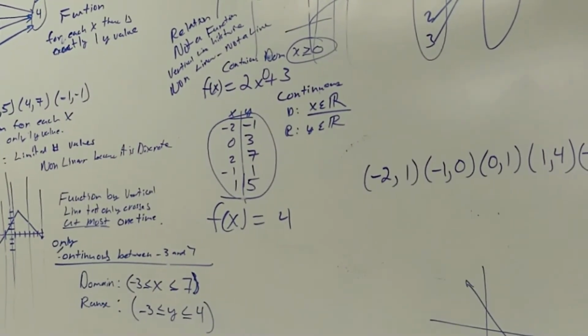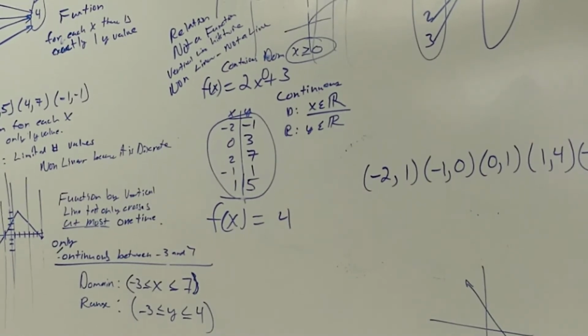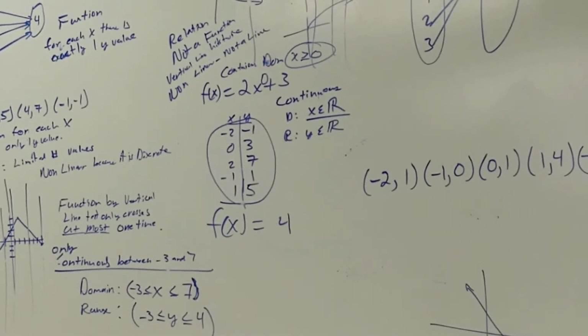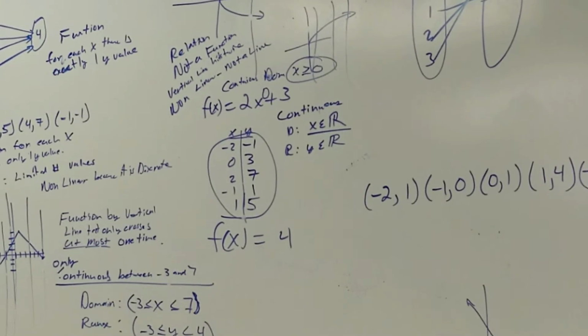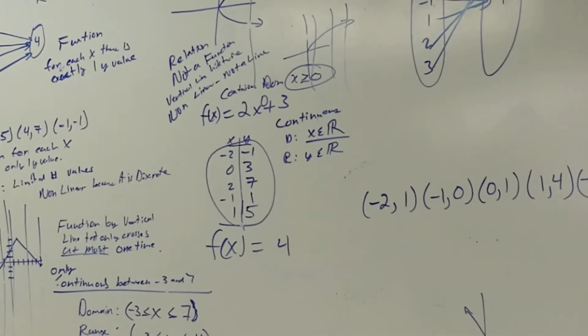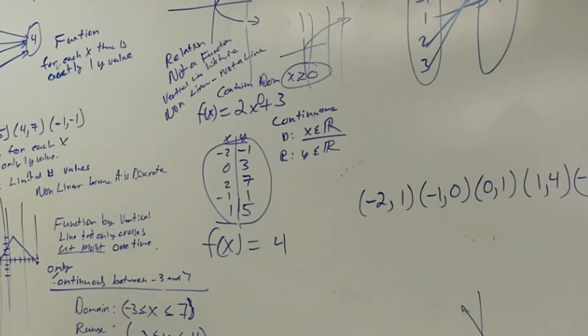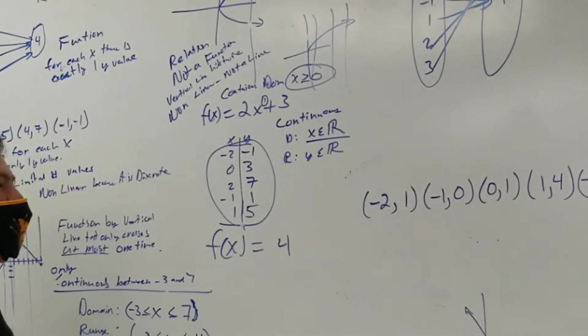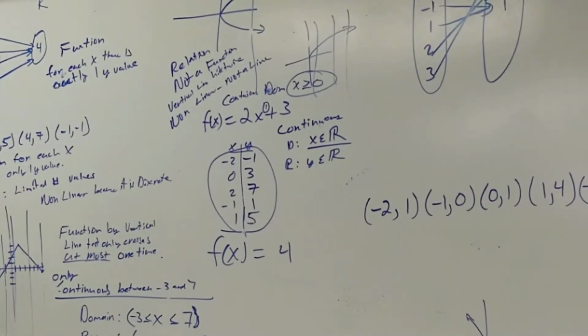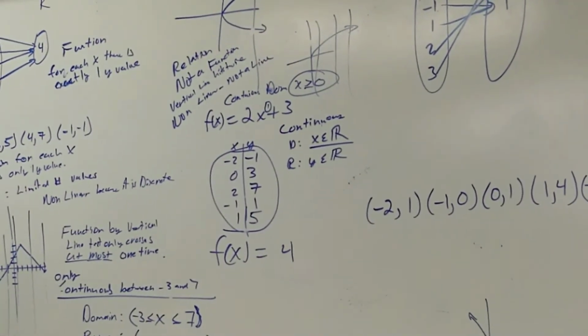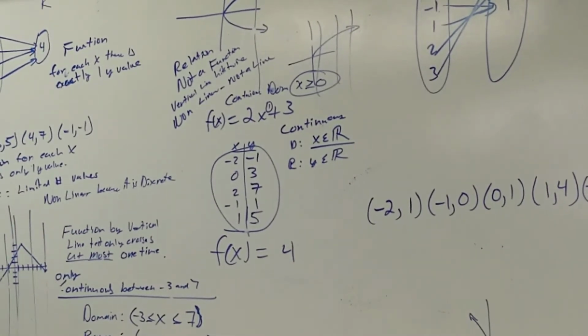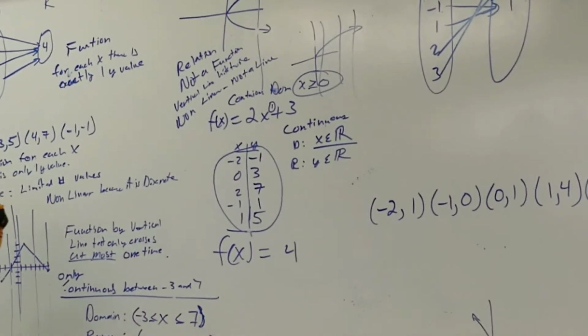If x is to the first power, it will be what? Linear. You want to write that in your notes. If x is to the first power, it will be linear. So this one I can tell it's linear because x is to the first power. So if there's no number up above the x as an exponent, that means it's 1. And if it's 1, it's linear. Okay? So this is linear.